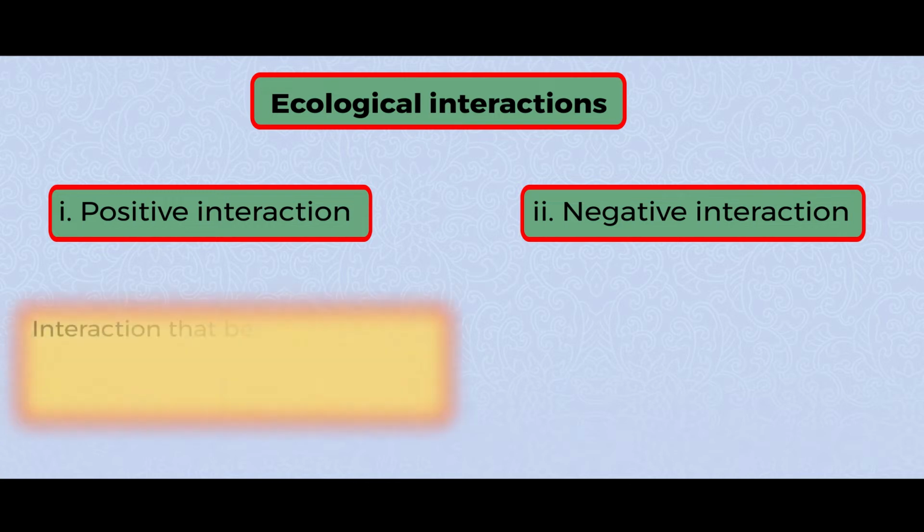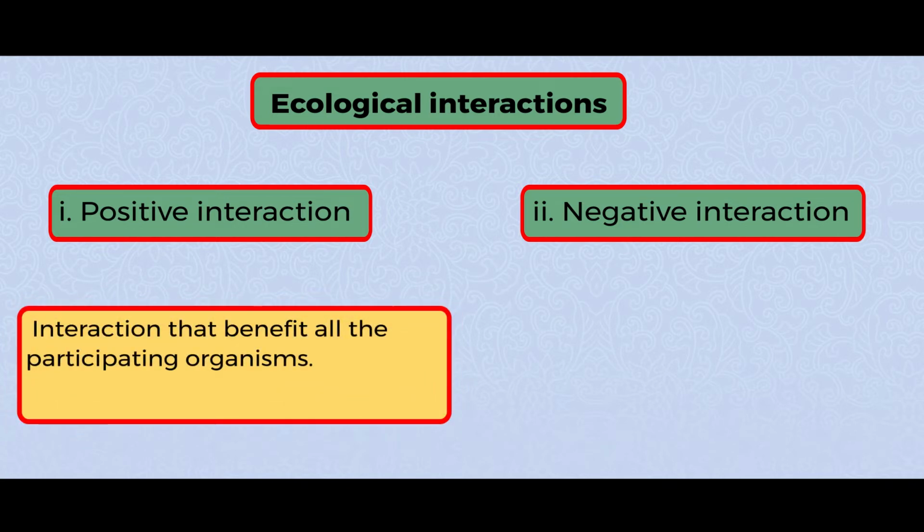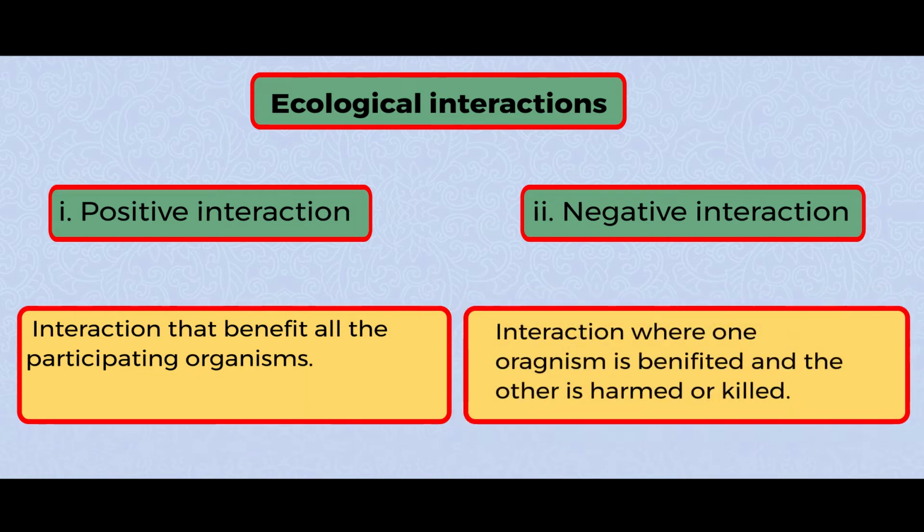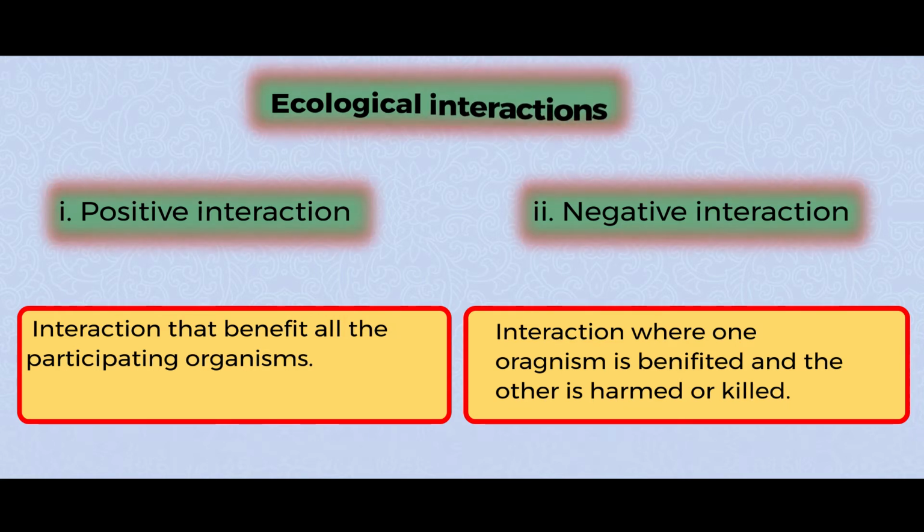Positive interactions are those where none of the participating organisms are harmed. All are benefited. On the other side, negative interaction refers to those interactions where one is benefited and the other is harmed or killed.